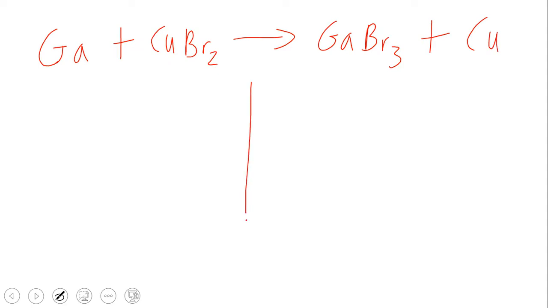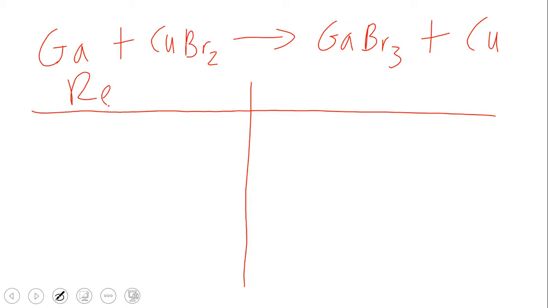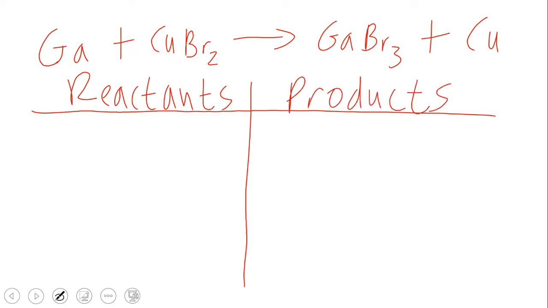So how are we going to balance this thing out? We have reactants and we have products. Well, the problem is we have two here and we have three here.